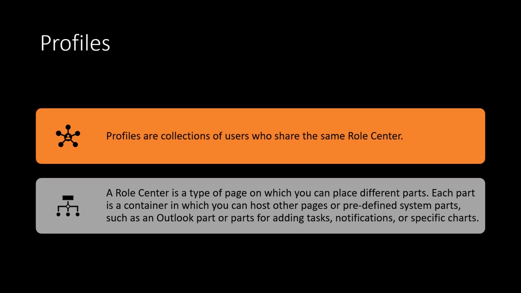Now, let me explain two main concepts for you to take away. First of all, we have a profile. So we have a collection of users who share the same role center. You saw the sales manager role center a few seconds ago. The whole idea is that behind that screen, because that was just a screen, we need to generate some permissions to be able to create sales orders, invoices, create customers, whatever you need for that person.